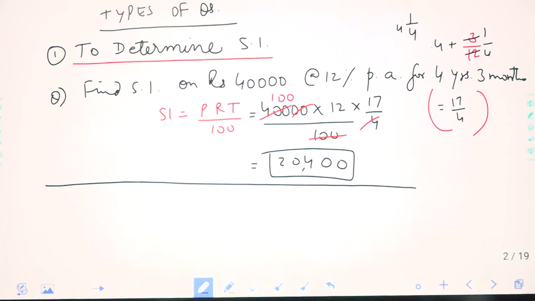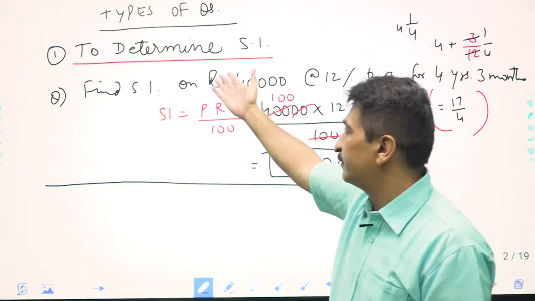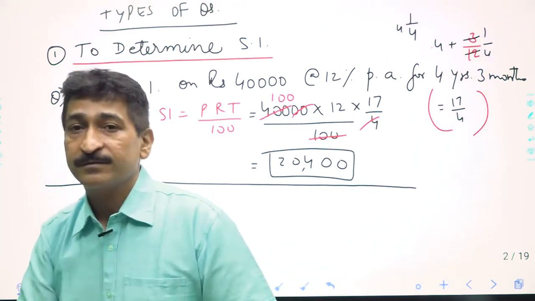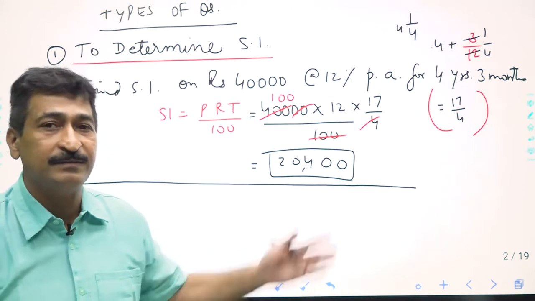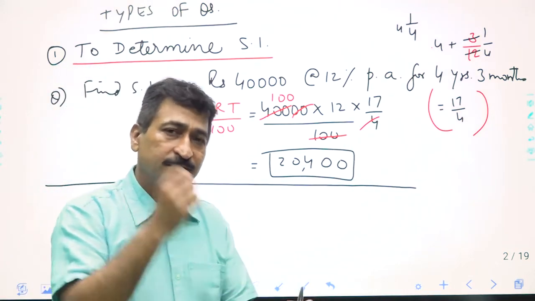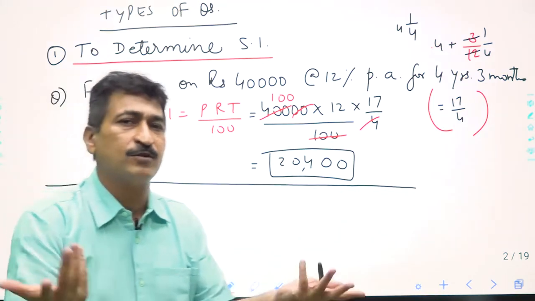So this is how the question is done. Simple question, 0 level question, where we have just calculated simple interest. Had the time been in days and you have to calculate it in years, divide by 365. If you have time in months, divide by 12; time in days, divide by 365. If the time is in years, no problem.